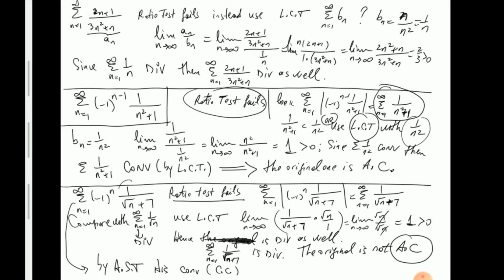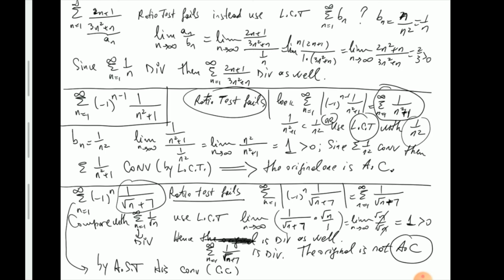Why? Because 1 over root n plus 7 is decreasing and going to 0. We're going to have a review of all these tests, obviously, on the next lecture. But notice that that's why you need to have that handout, because these tests will basically come up together in the problem and, in various ways, essentially.